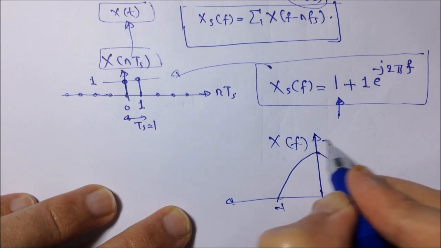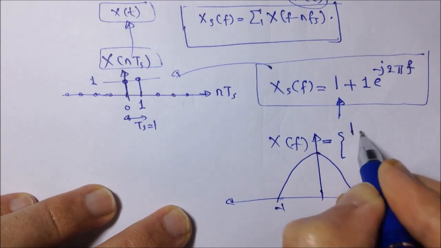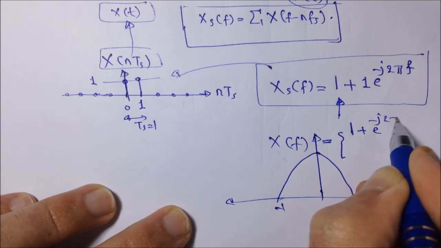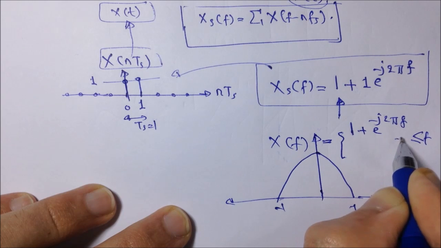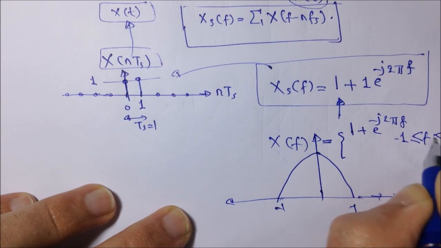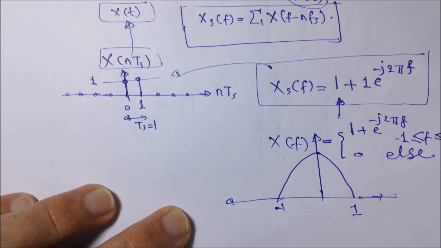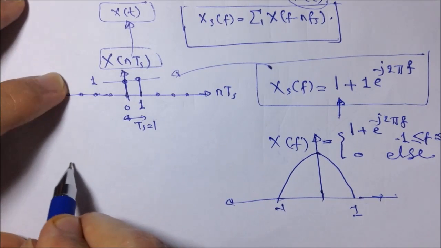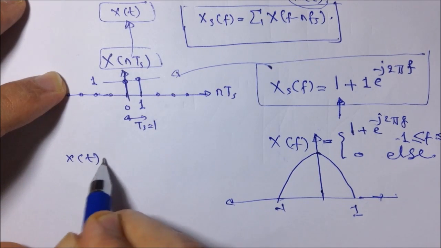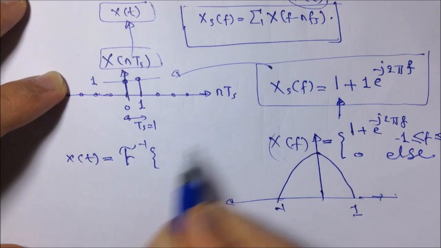Okay, we can define it analytically as 1 plus e to the minus j 2 pi f if f is greater than or equal to -1 and less than or equal to +1, and 0 else. And to recover the original analog signal, X of t, you can simply take the inverse Fourier transform of this X of f.